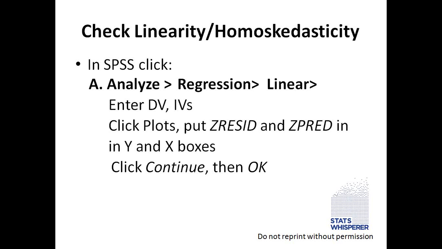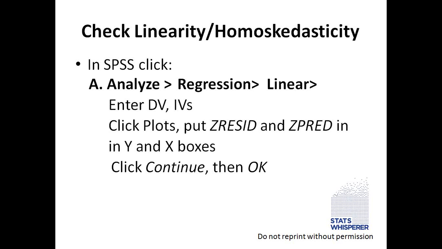Now, although linearity and homoscedasticity are interesting to look at, testing for them actually can be quite straightforward. When we go into SPSS, we'll go to Analyze, Regression, Linear. We'll put in our models, the dependent variable and independent variables.